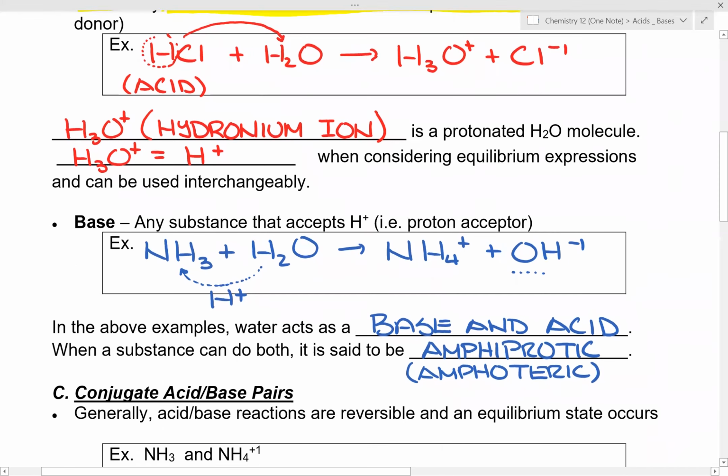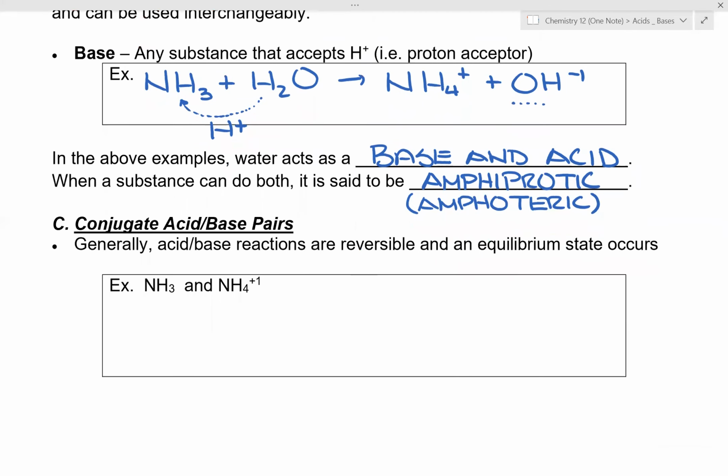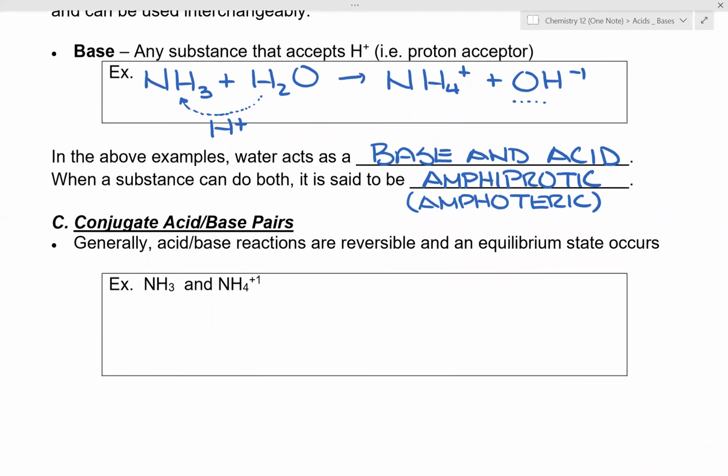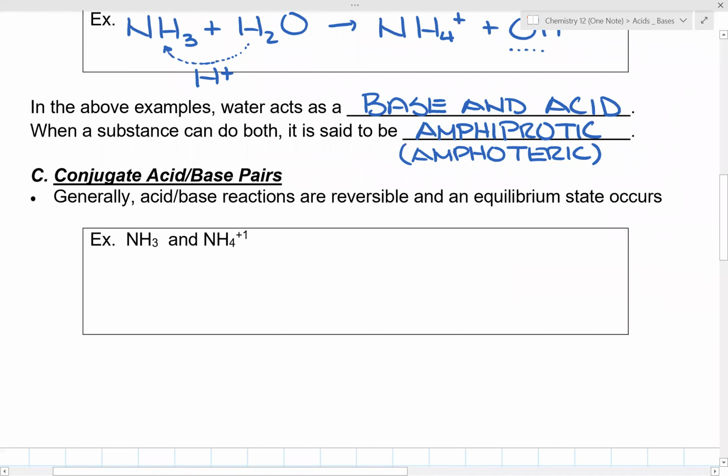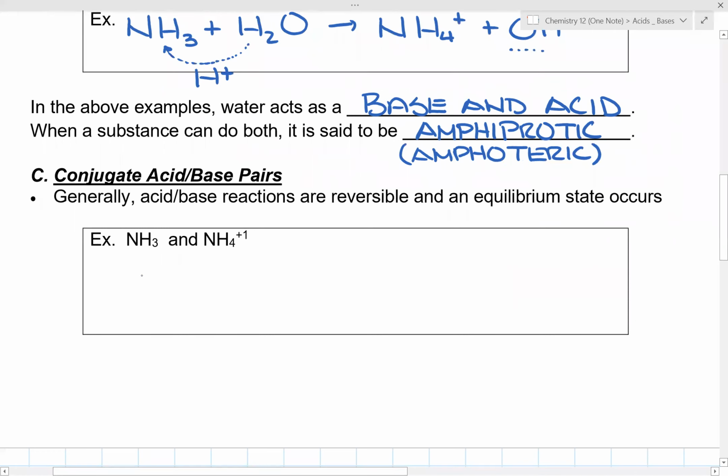Now, when we talk about acid bases, one of the things we have to consider is something called conjugate acid-base pairs. Generally, acid-base reactions are reversible and an equilibrium state occurs. So let's say we have NH3.